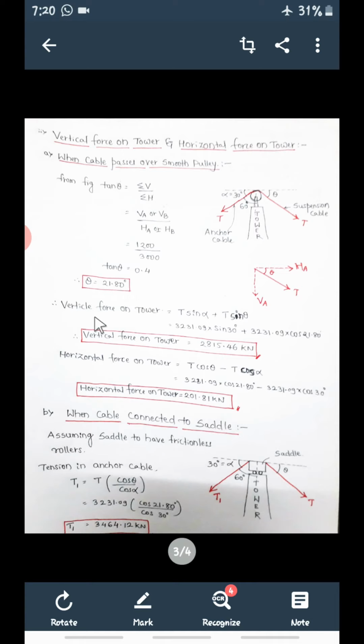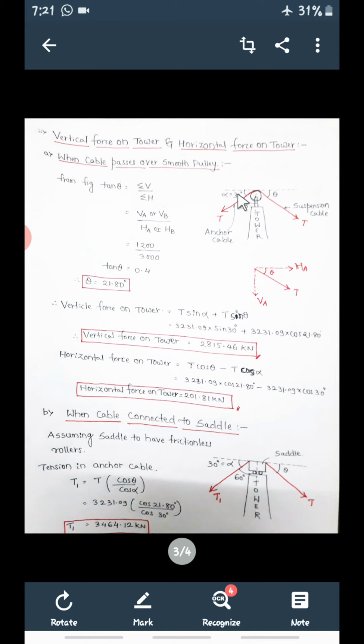Now we can calculate the vertical force on the tower. Now see, this is a tower. What will be the vertical force on this tower? There are two cables now, suspension cable and anchor cable. So the vertical force on the tower is equal to, okay. Now what is the vertical component of this anchor cable? Vertical component, this is T sine 30, correct, or T sine alpha. Resolve this force along vertical now.